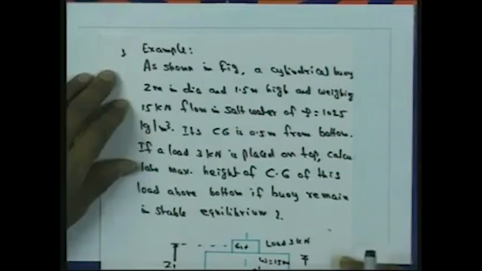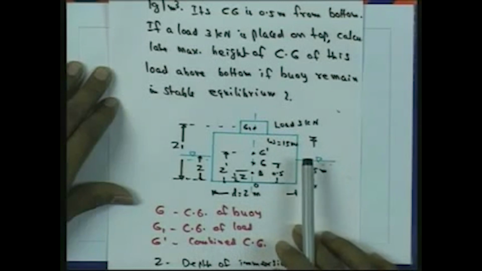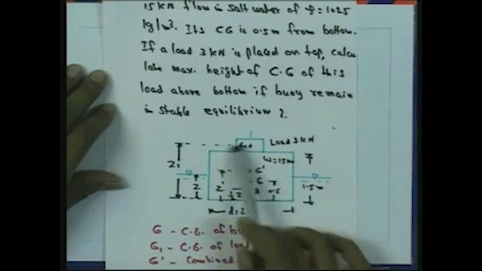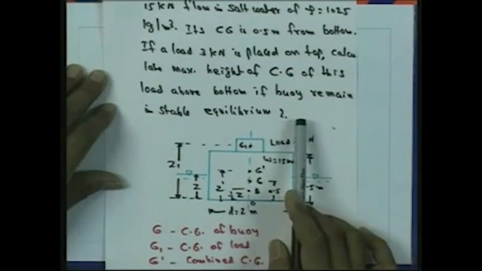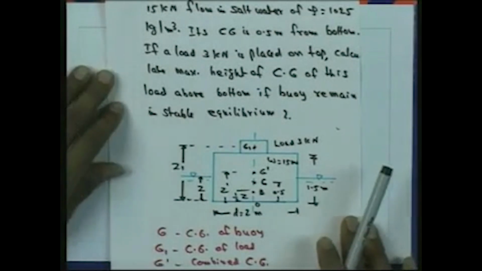Here the problem is, you can see there is a floating vessel, and a small load is placed over that. We want to determine the maximum height of the center of gravity of this newly placed load above the buoy, so that the vessel remains in stable equilibrium.